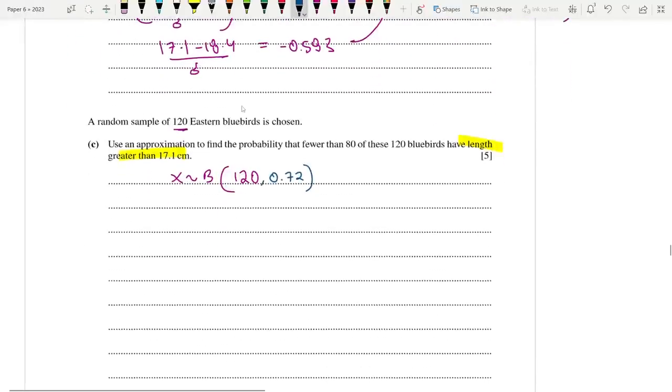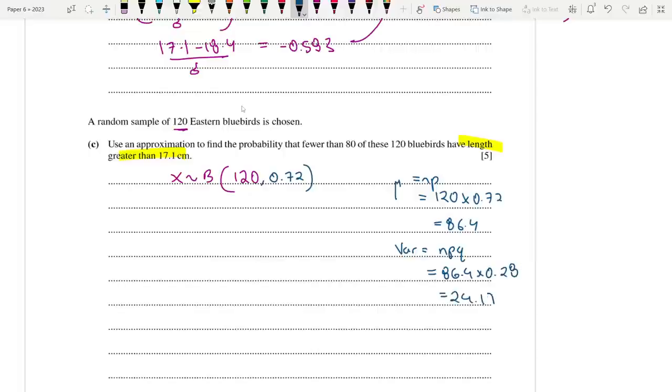Now we know that the formula for mean is np, which is 120 times 0.72, 86.4. And we also know that variance is equal to npq, which is 86.4 times 0.28, right? Which is 24.192.